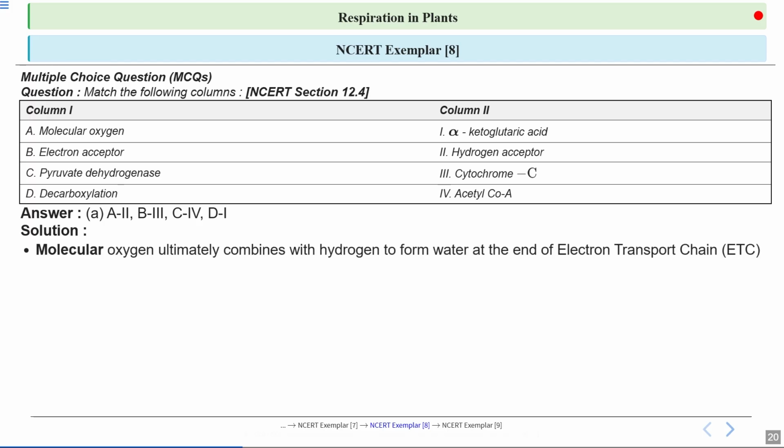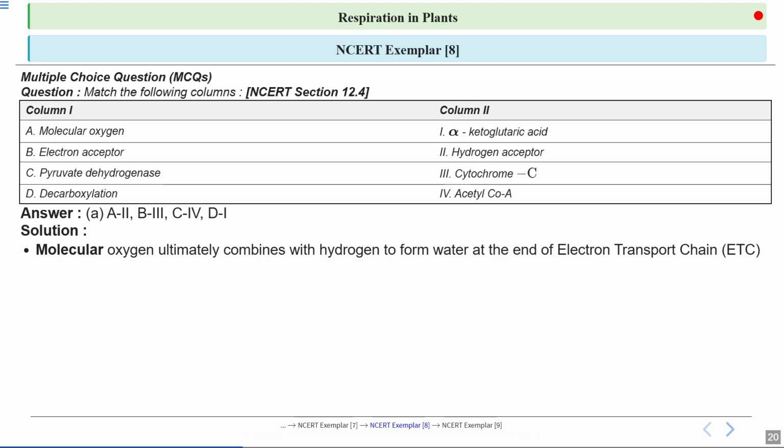First, molecular oxygen. This ultimately combines with hydrogen to form water at the end of the electron transport chain. So this is the final step in aerobic respiration.